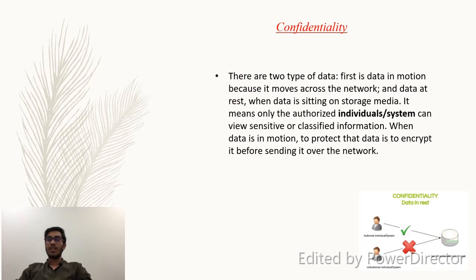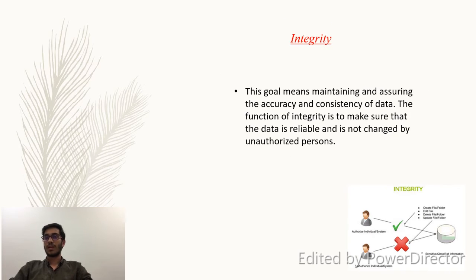So now we will see confidentiality. The function of confidentiality is to protect precious business data from unauthorized persons. Confidentiality is a part of network security that makes sure the data is available only to the intended and authorized person. Now, integrity. Integrity means maintaining and ensuring the accuracy and consistency of data.